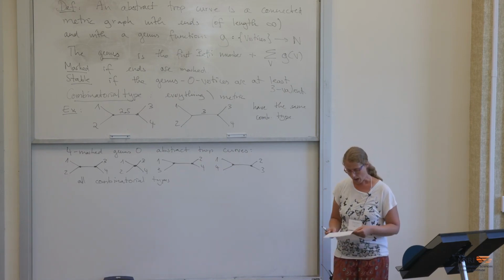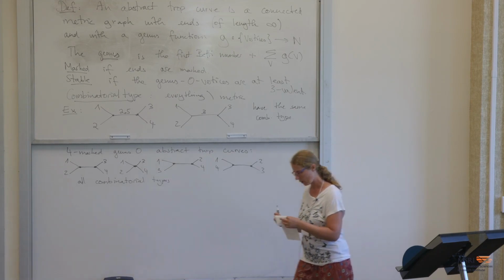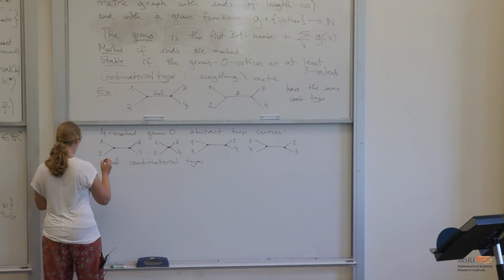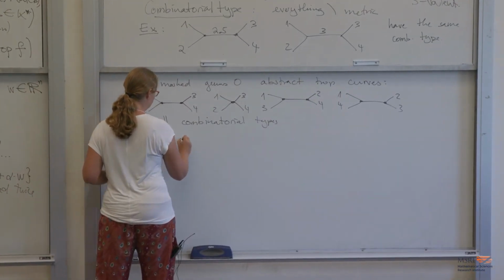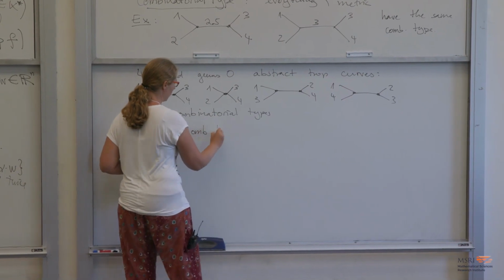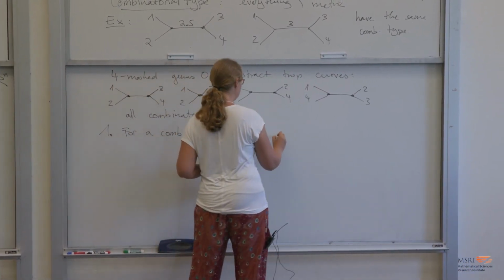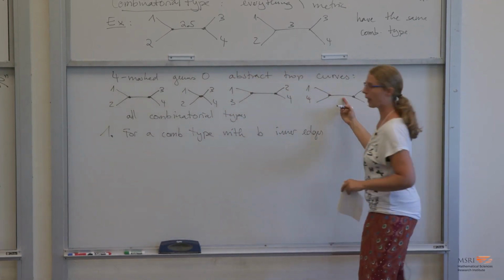And how are we going to glue cones, and what are the cones? So first statement: for a combinatorial type that has B inner edges. When I say inner edges, I mean those guys, not the ends.